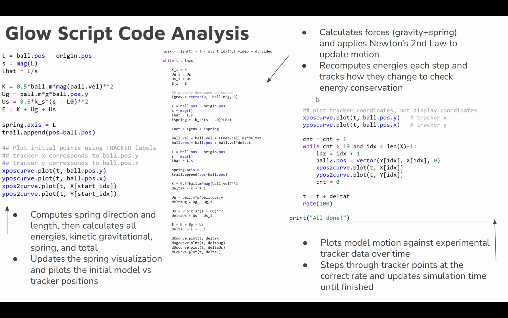I also recompute energies for each step and track how they change to check the energy conservation. Then I plot the model against experimental tracker data over time, step through tracker points, and update the simulation time until it's finished.